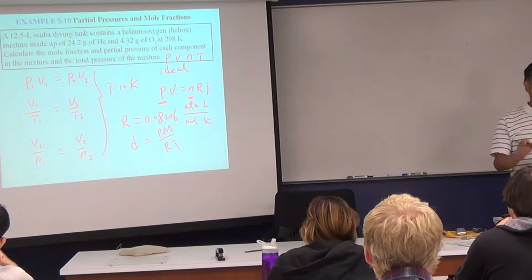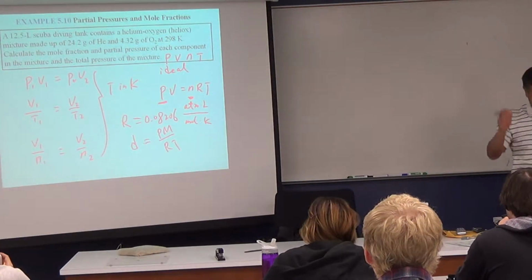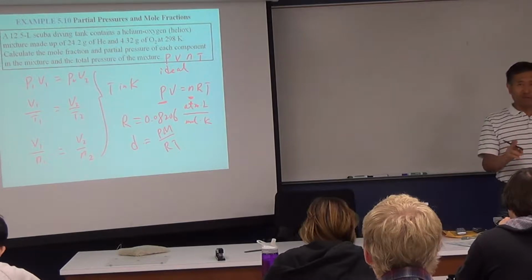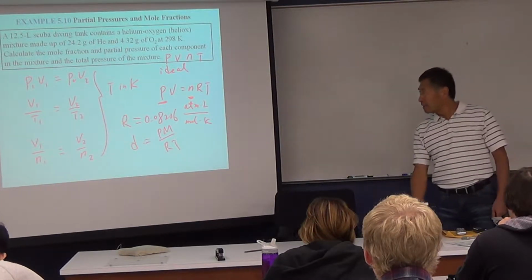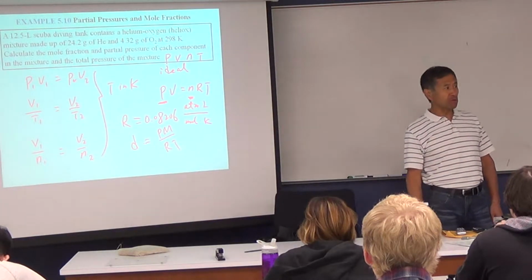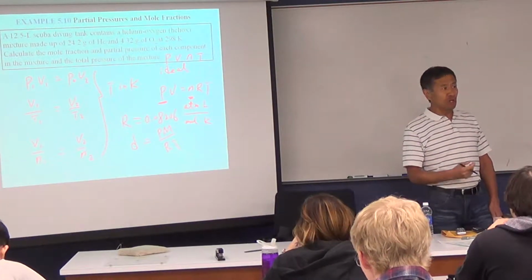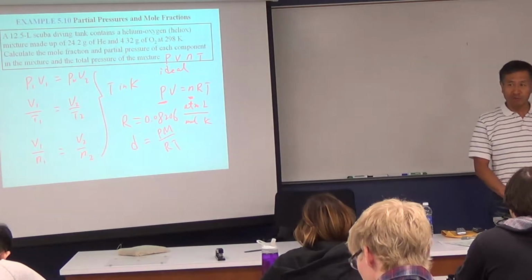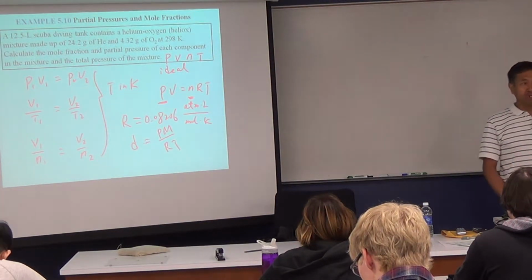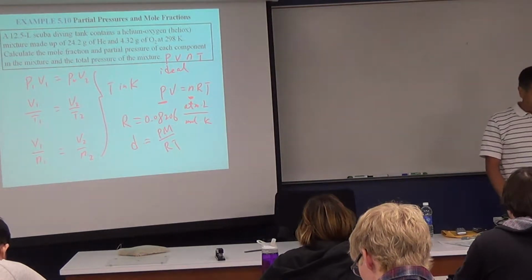What I'm trying to say is that if you know the number of moles N, the volume, and the temperature, you can calculate the partial pressure of N2. Vice versa, if you can figure out the partial pressure of N2, you can calculate the number of moles of N2.